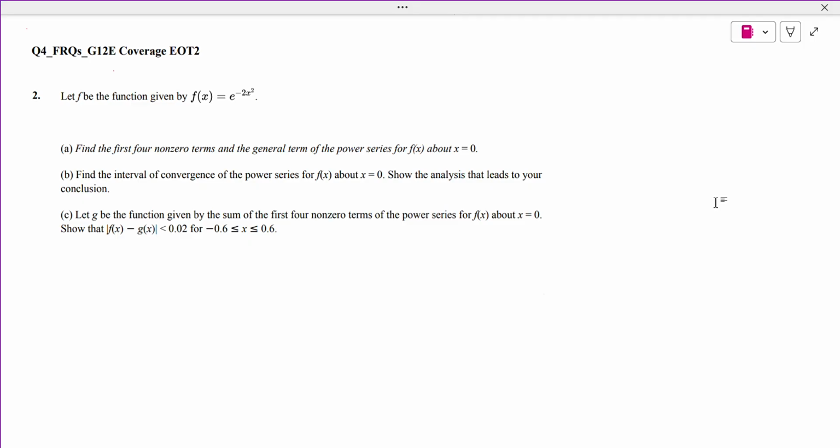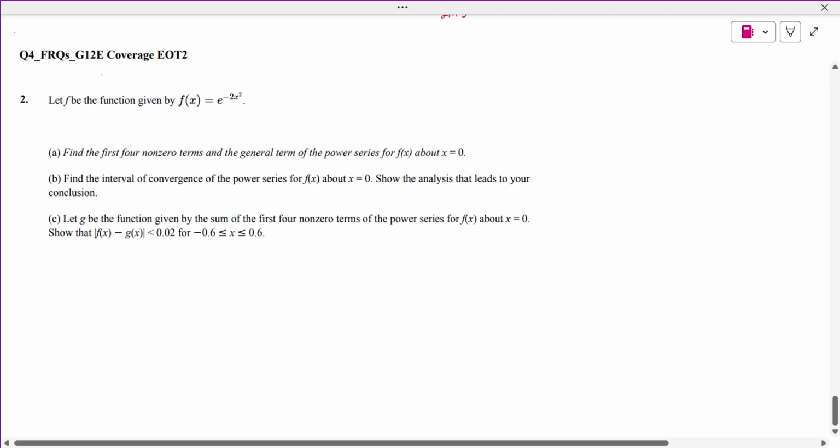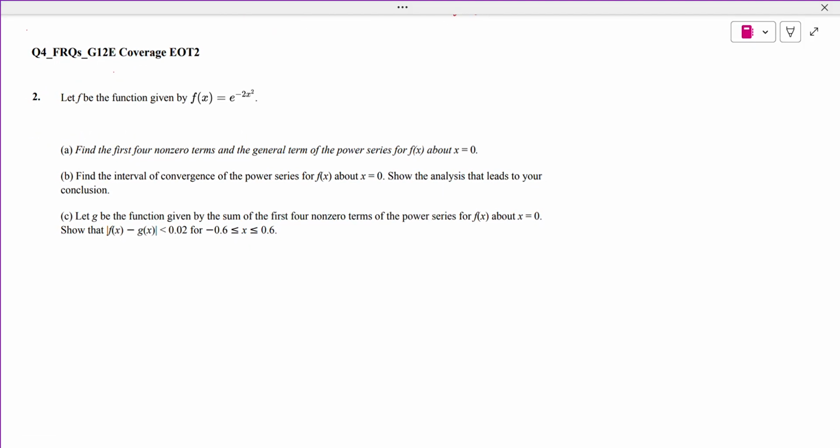This is an exponential function, right? Yes. We know that the expansion of e raised to x is equal to 1 plus x plus x squared over 2 factorial, plus x cubed over 3 factorial, and so on.